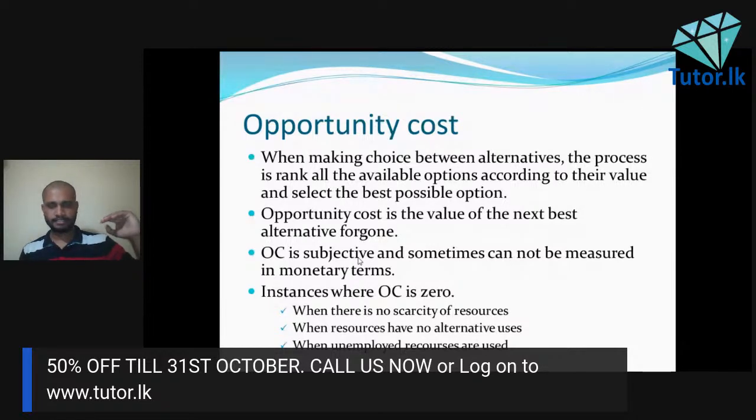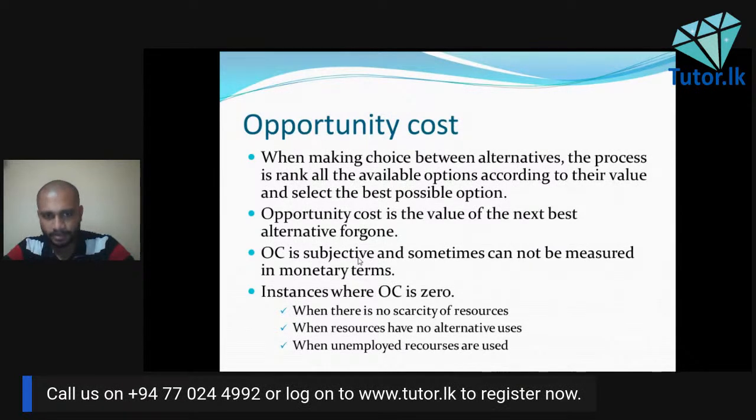By utilizing this labor, you can produce 50 units of A or 40 units of B. According to my preference, I prefer to produce A, so I am producing 50 units of A. Then I have to forego the second option, that means 40 units of B. So my opportunity cost is 40 units of B. I can't give a monetary value there, but I have given a value in terms of units. I am foregoing 40 units of B. That's the meaning of opportunity cost.